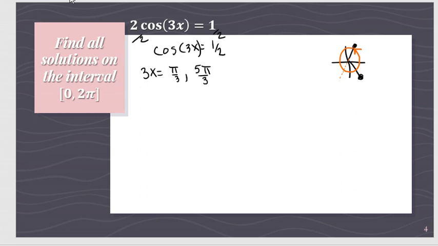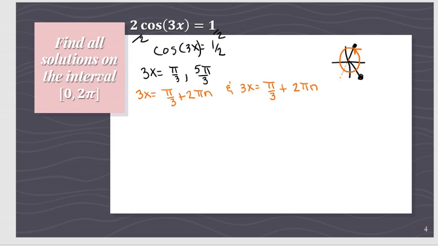Okay, so that means I'm going to have to split this. So I get 3x equals pi over 3 plus 2 pi n. And I get 3x equals 5 pi over 3 plus 2 pi n.